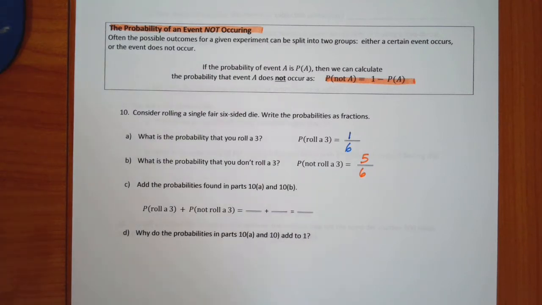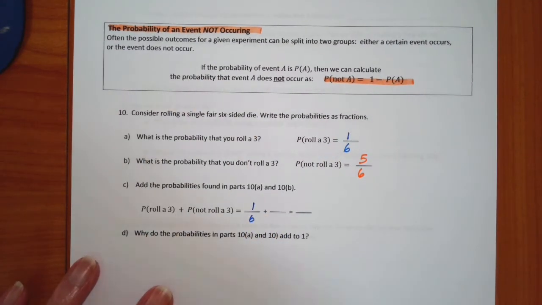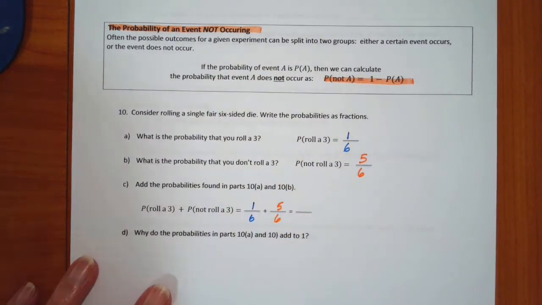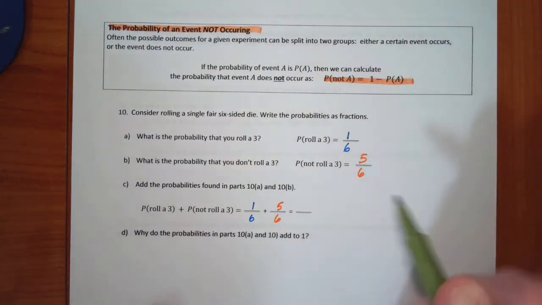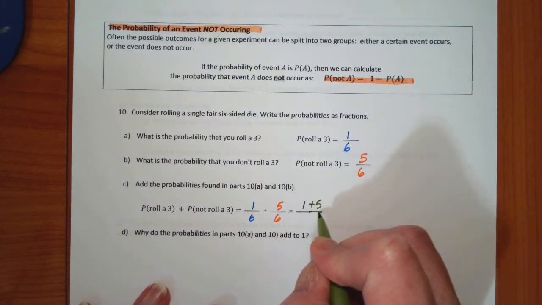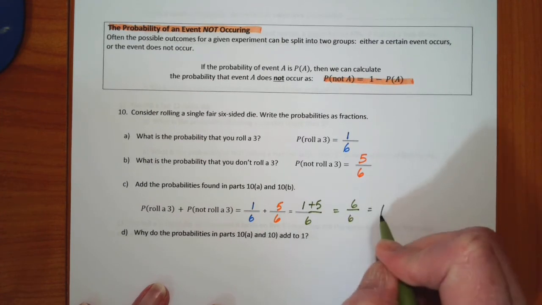Okay, so let's add these together. So if we take our 1/6 plus 5/6, you can either do this on your calculator or recall what the rules are for doing this. And you will see that if you do it the old-fashioned way, that's 1 plus 5 over 6, which is 6 over 6, which is 1.